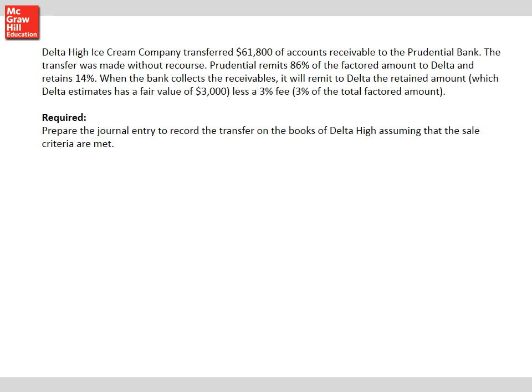So Prudential isn't going to give them all their money. They may give some of it later if they collect all the money, but they have to protect themselves up front. So what will Delta do when they sell these? And remember, it's without recourse. This means that if Prudential does not collect all the money, they can't come back at Delta. It's their loss.